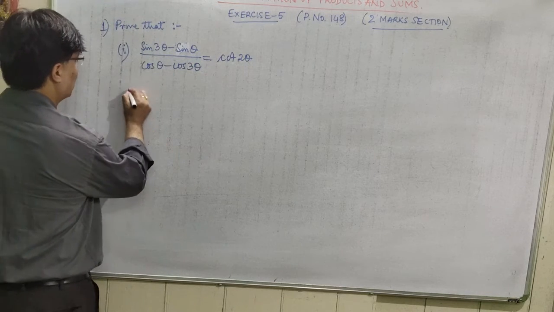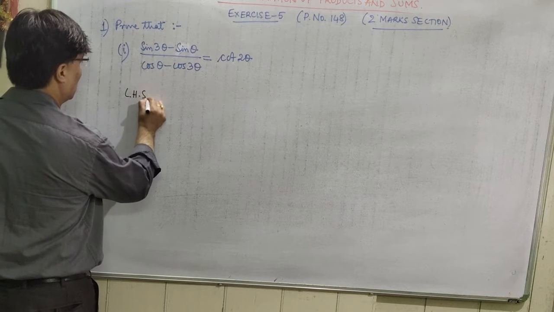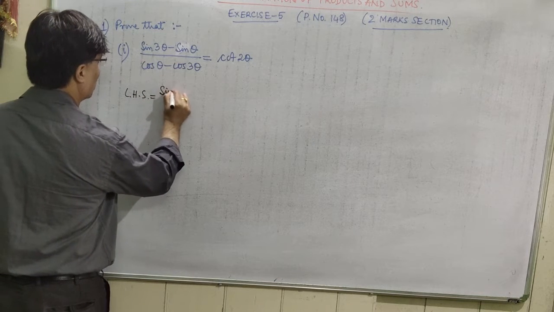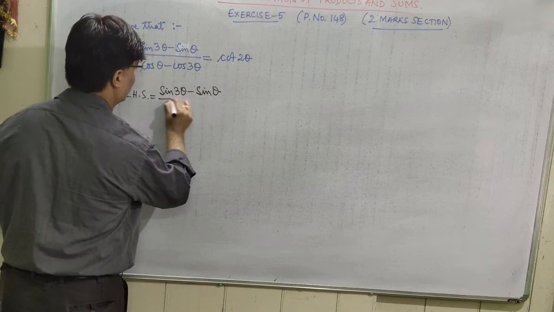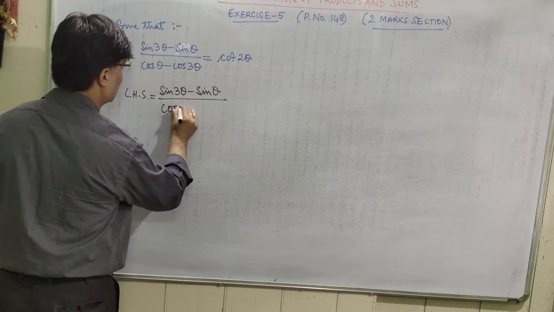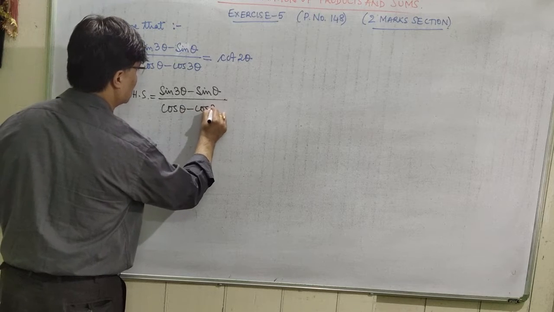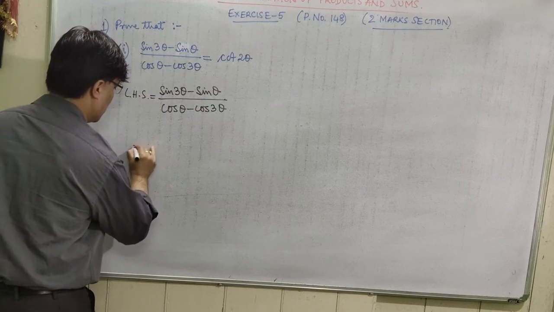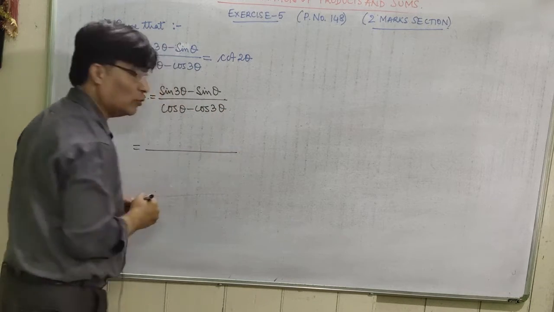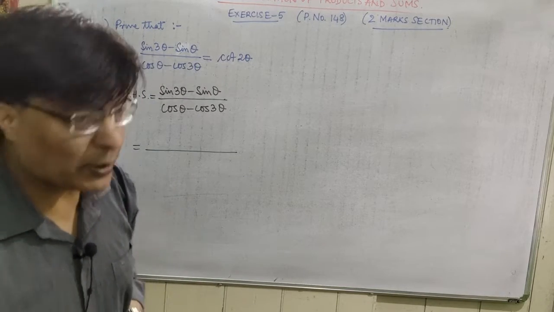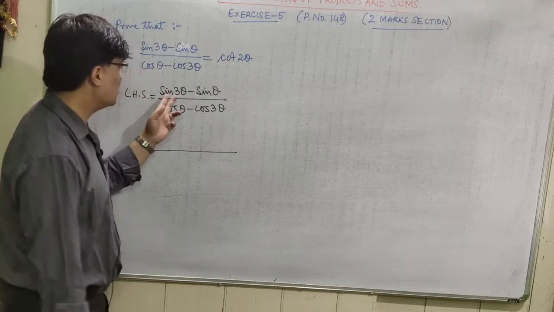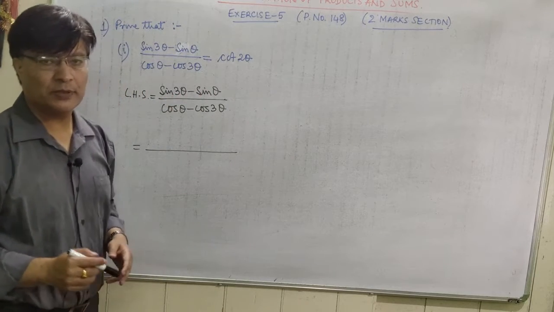We can prove it from the left hand side. LHS is equal to sin 3 theta minus sin theta divided by cos theta minus cos 3 theta. Now which formula can be used here? You can use sin C minus sin D here.